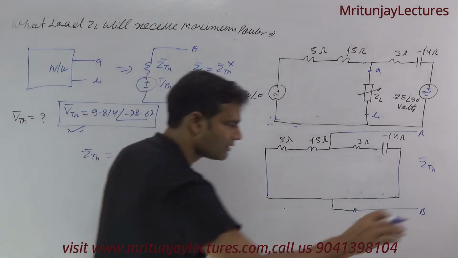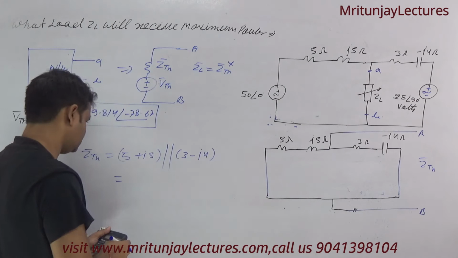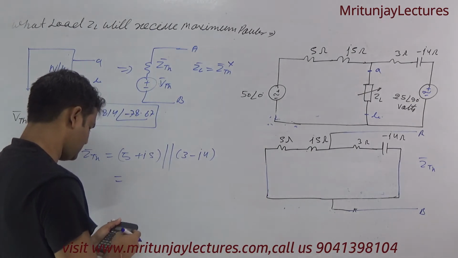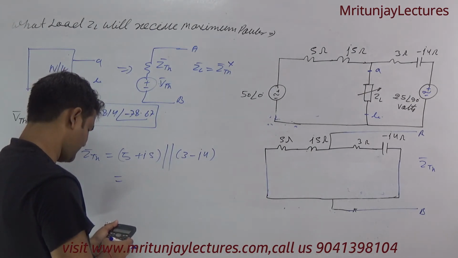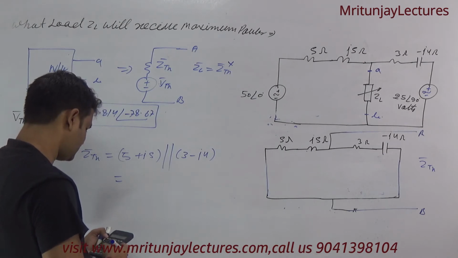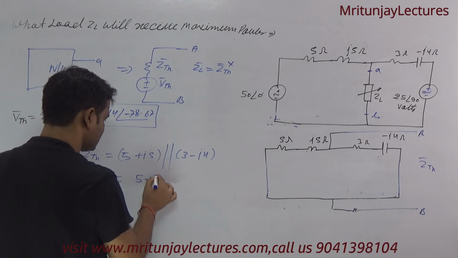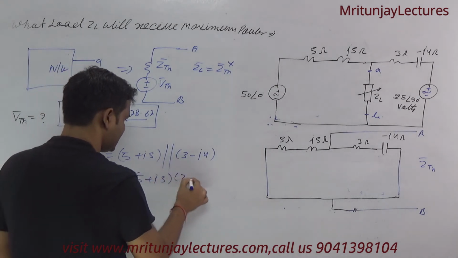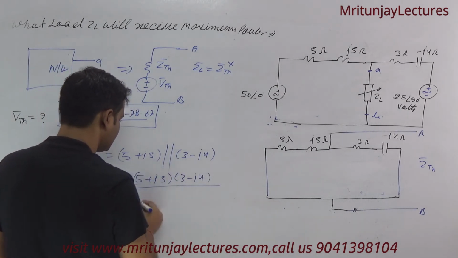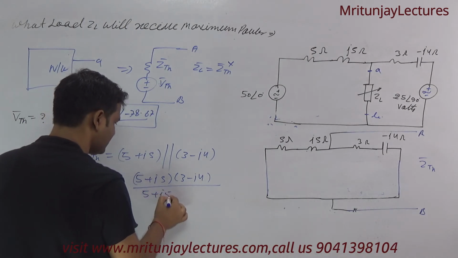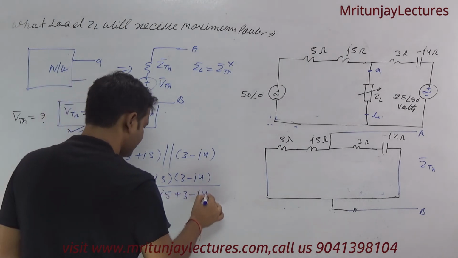So first of all solve: (5 plus j5) times (3 minus j4) divided by (5 plus j5) plus (3 minus j4).